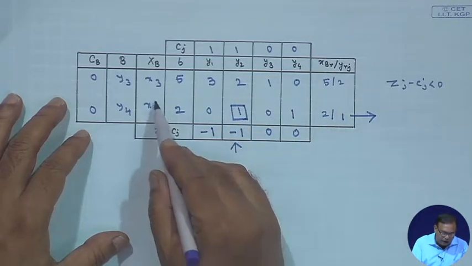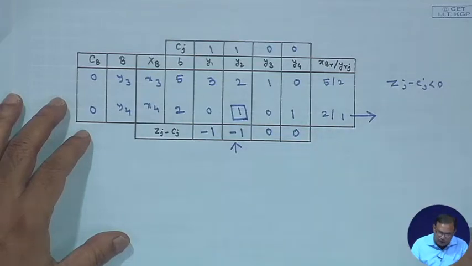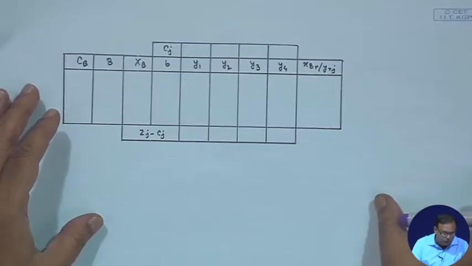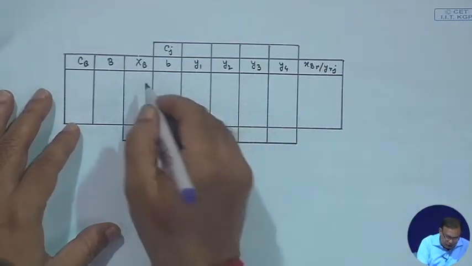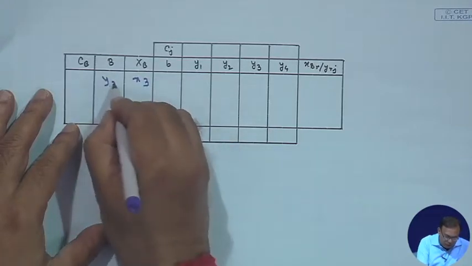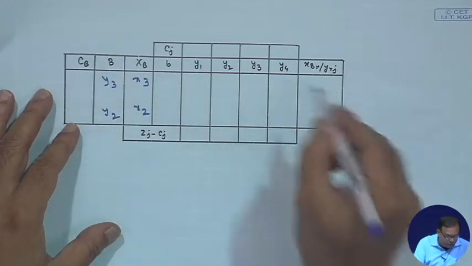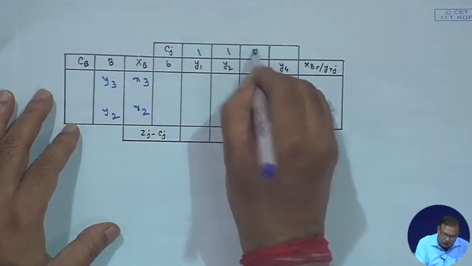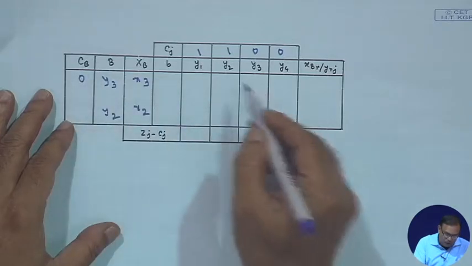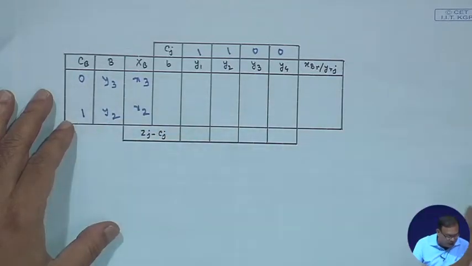So, in the next table x4 will be replaced by x2. So, once I am doing it, x3 and x2 will come. So, you have y3 and y4, this is 1, 1, 0 and 0. So, y3 is 0, but the y2 coefficient is this.